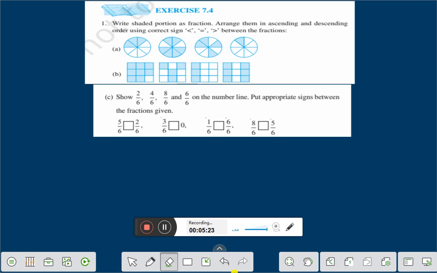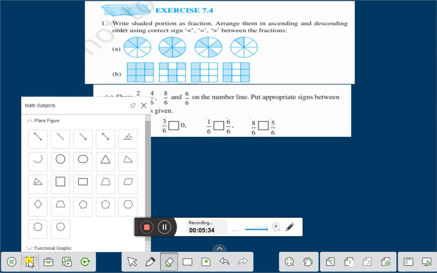Right. First of all, we have to show these numbers 2 by 6, 4 by 6, 8 by 6 and 6 by 6. Let us draw a line here. We are drawing one number line.